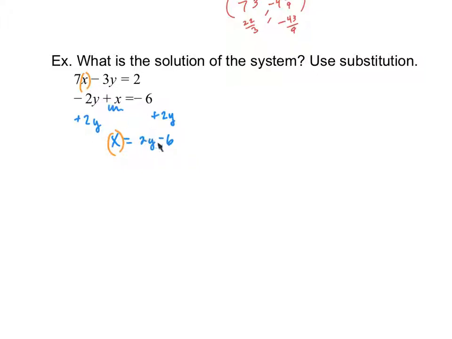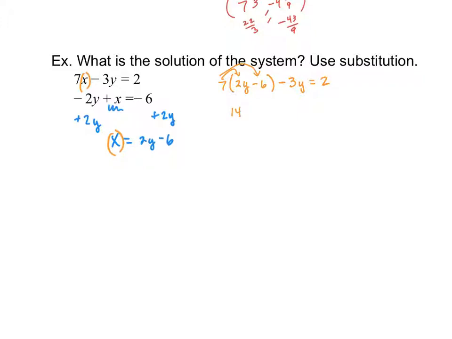We can take the value of x and substitute it in here, and we're going to end up then with 7 times that value. So we have 7 times 2y minus 6 minus 3y is going to be equal to 2. And of course, we're going to go ahead and do our distributive property, do some multiplication.